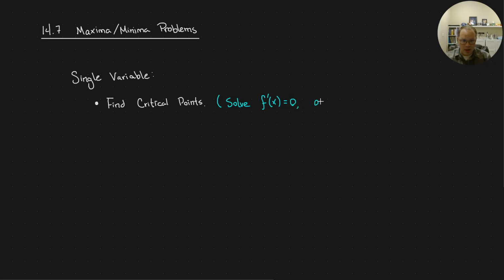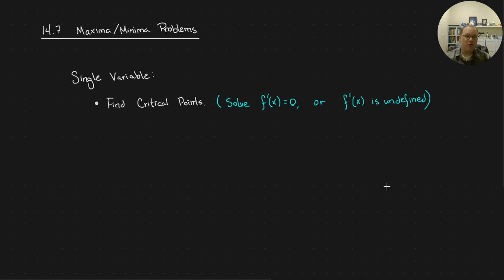Or the other possibility is a point where the first derivative is undefined. It has to be a point on the function, but where the first derivative is undefined. If the first derivative is undefined, something like a cusp or a sharp point, it means the first derivative can't tell us any information about it.